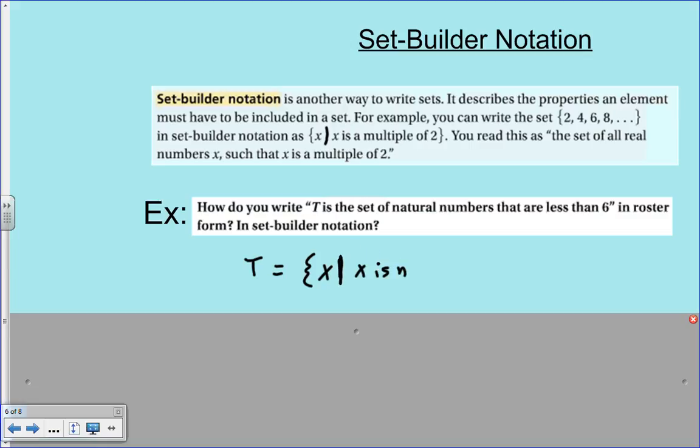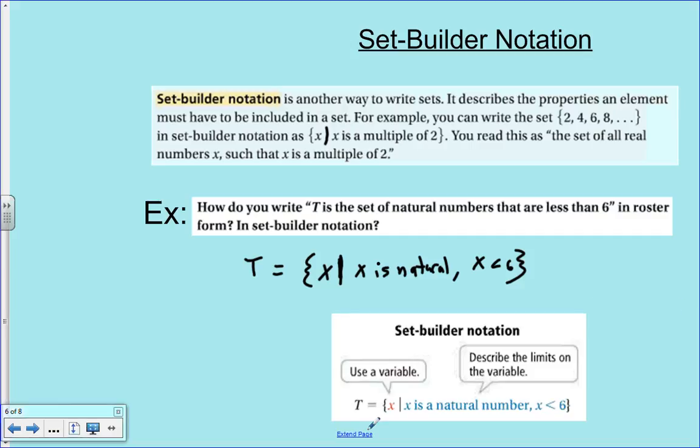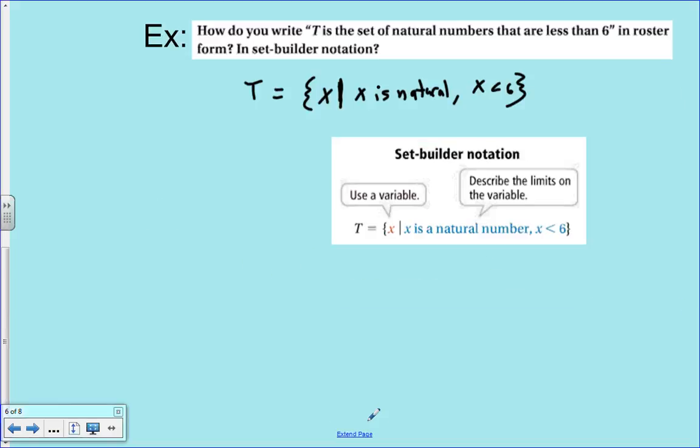It's dividing up by saying x is natural. And x has to be less than 6. So there it is. That's my set builder notation. And let's check below here to see if that was done correctly. So in set builder notation, we use the variable x, and we're describing what x could be. And that's right there. So that's how you use set builder notation.